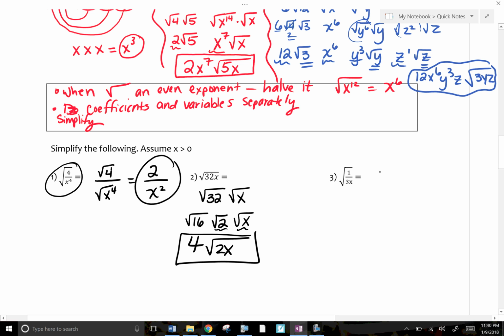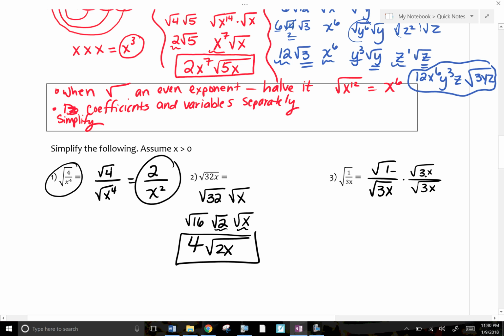Last but not least, here's another fraction, so I'm going to separate it. And then when I separate it, I realize, wait a minute, the square root of 3x, I can't break it up or anything, but I'm also not allowed to have it on the bottom, so I'm going to multiply by root 3x.